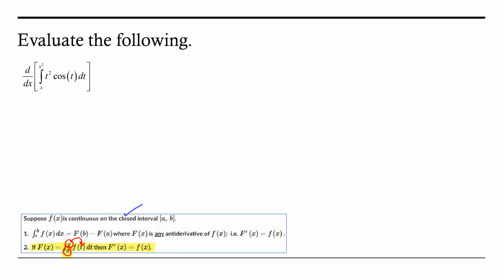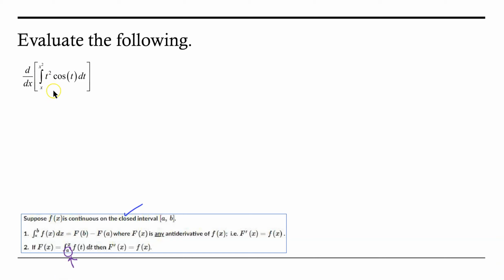So now we look at those limits themselves in terms of being able to find the derivative of the integral. And the first thing I notice is that my lower limit of integration is not a constant as prescribed by the theorem. So we need to do something about that.